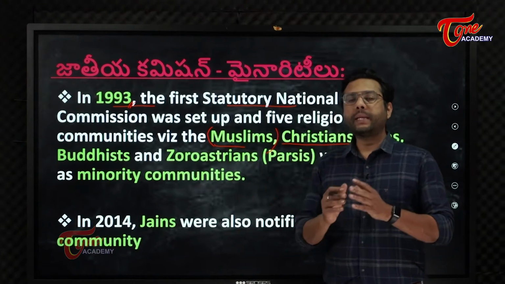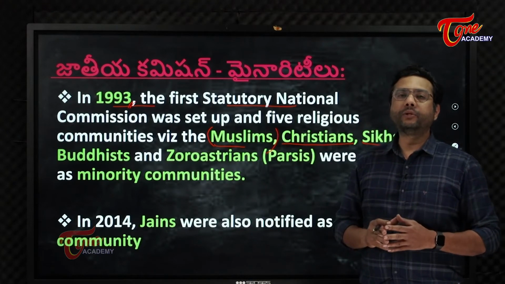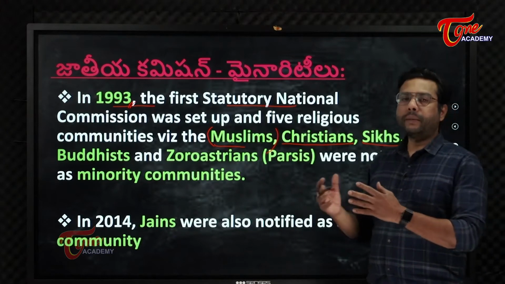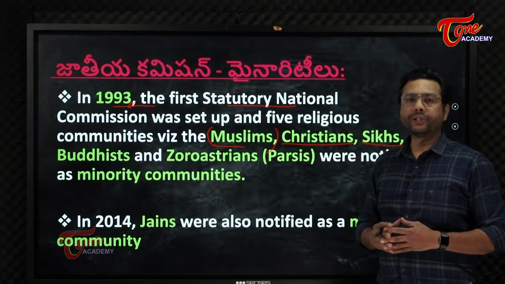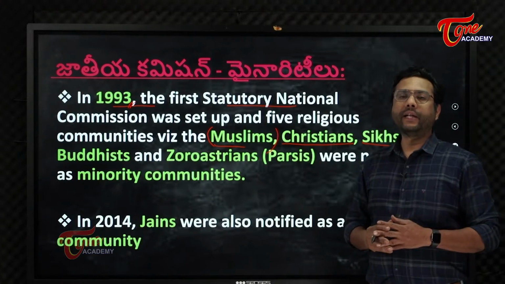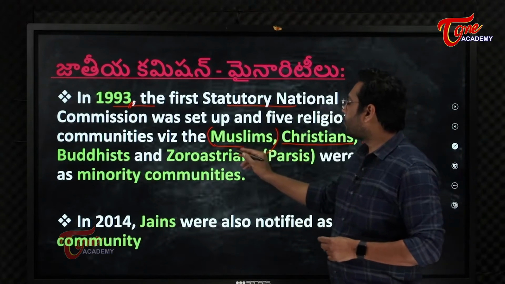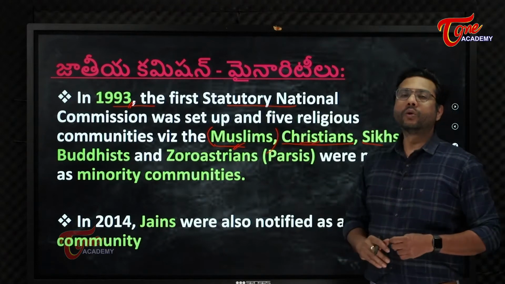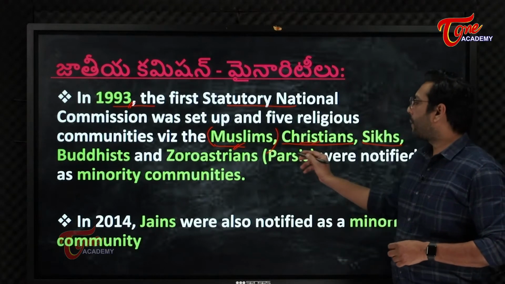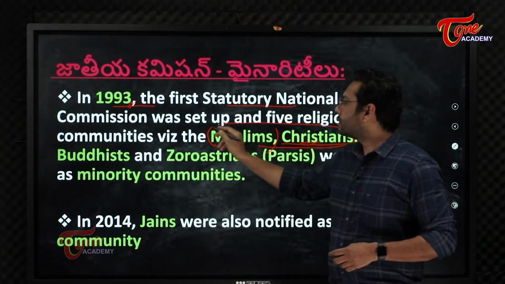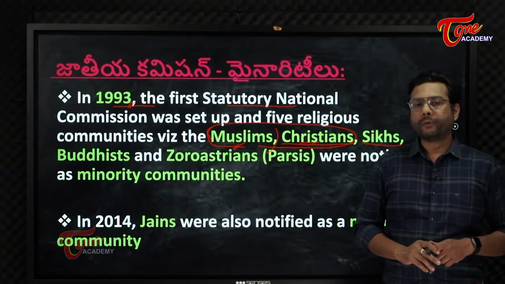So when we say minorities, the Muslim community becomes important. The majority of the population in these minority religious groups are Muslims, followed by Christians. Both Muslims and Christians combined make 90% of the minority population.